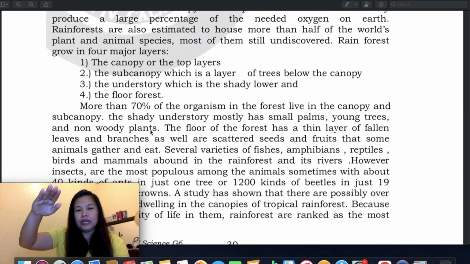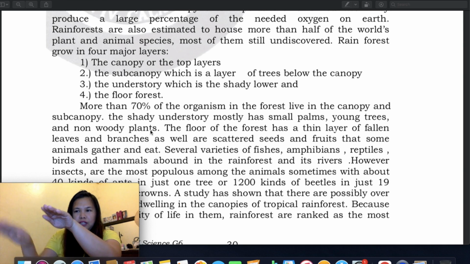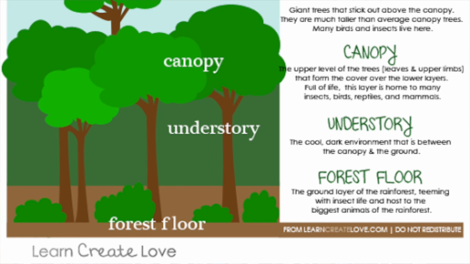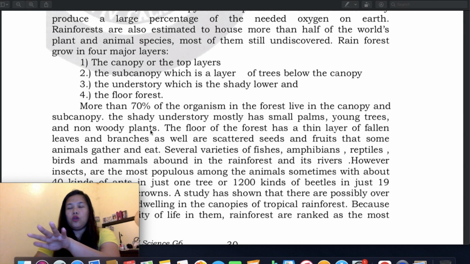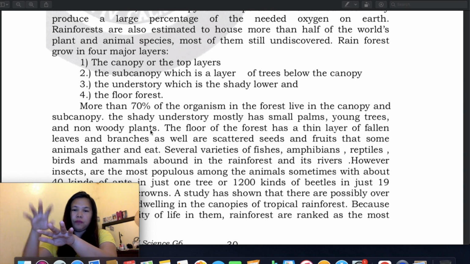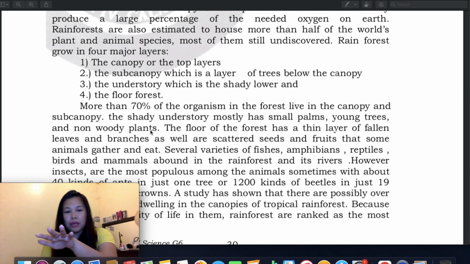Canopy, sub-canopy, ito yung shady, and the forest floor, yung lupa na aapakan natin in the rainforest. Kapag siya yung shady, I think 30% of sunlight lang ang nandoon. Very malamig siya doon sa ilalim ng puno na yon.